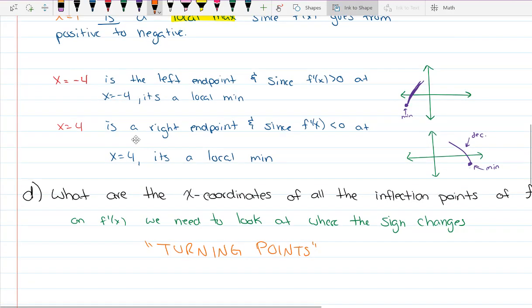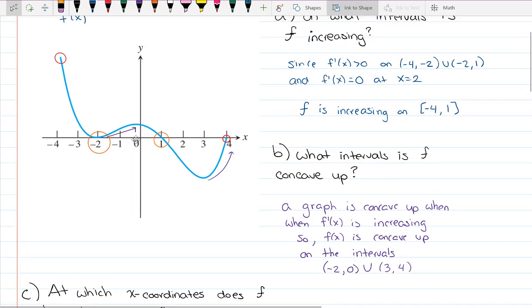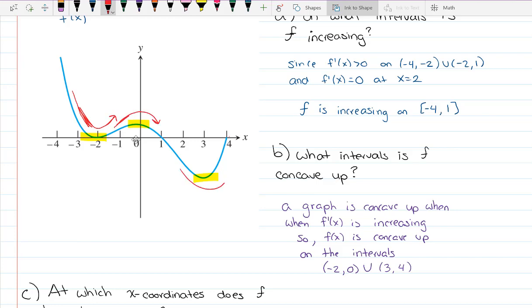So let's go on to the graph. We want to figure out where the graph turns around. Well, the graph turns around right here, right here, and right here. This is where it goes from decreasing to increasing, increasing to decreasing, and decreasing to increasing.